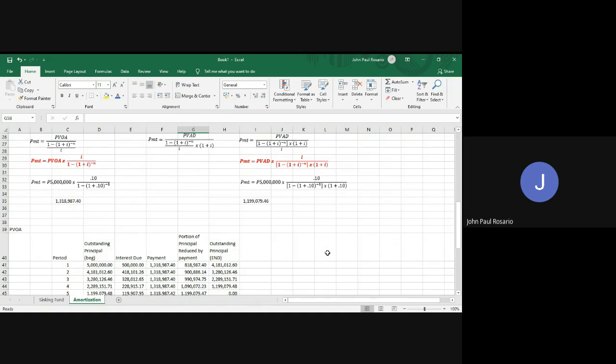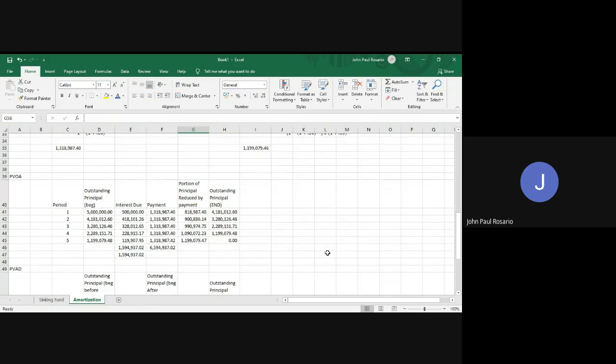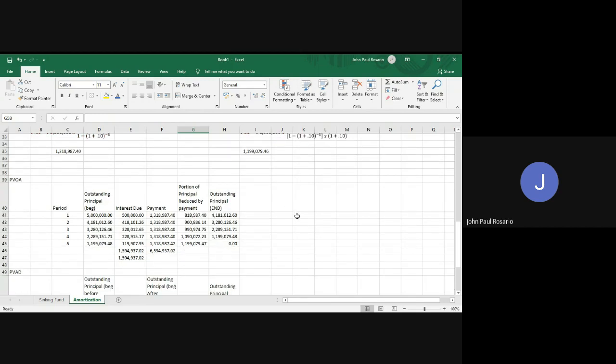This is very important because in some problems, you will be asked how much is the outstanding balance of a liability at the beginning or at the end of the period. If the question is how much is the balance of your liability, for example, at year three, let's go to year three.